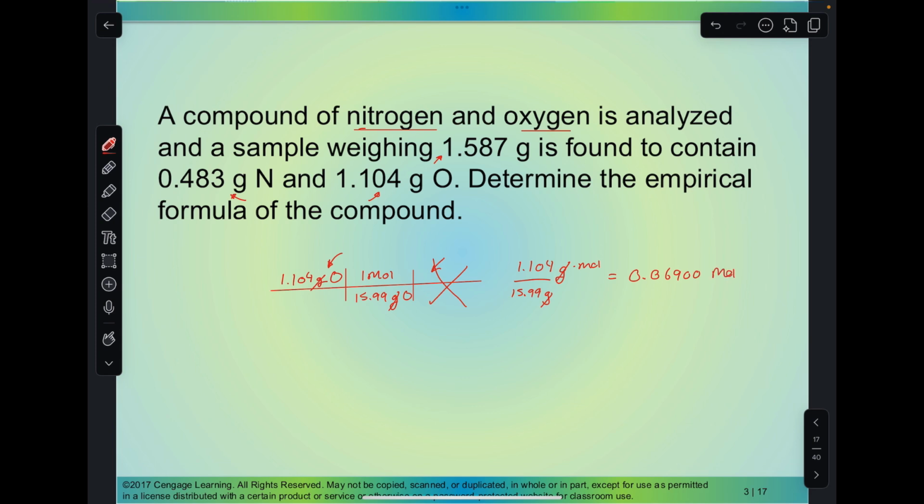6900 moles of oxygen. We'll do the exact same thing for nitrogen. We have 0.483 grams of nitrogen. We'll divide that by the nitrogen's molar mass, 14.01 grams, and then we'll say 1 mole, and that will give us the number of moles of nitrogen.